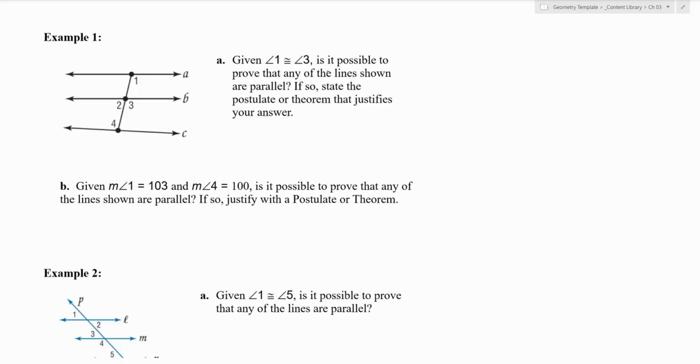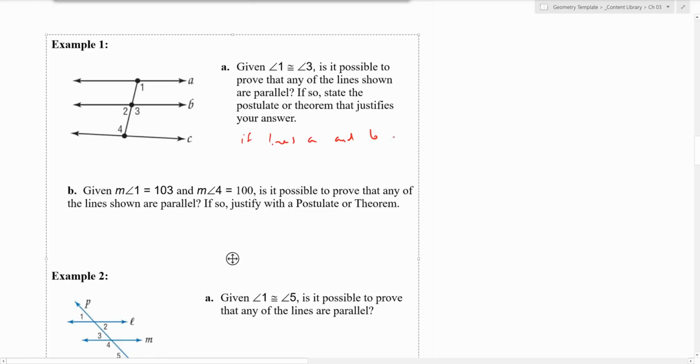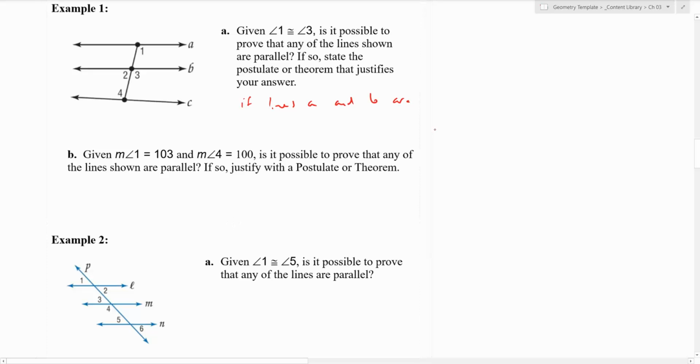So if lines A and B are cut by a transversal, and what is that transversal? That's this guy right here, that's our transversal.